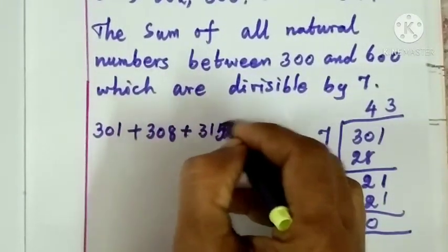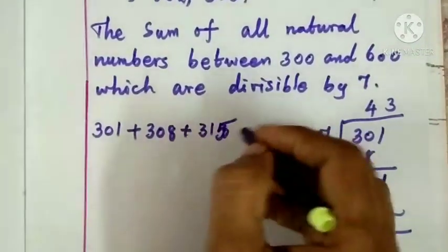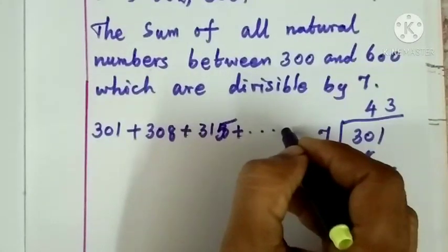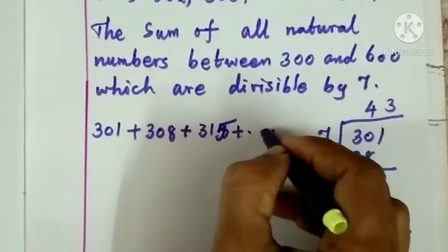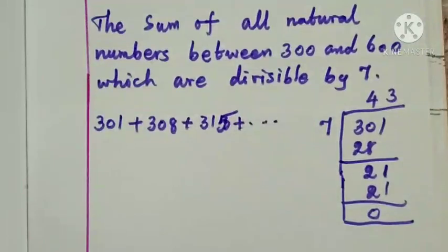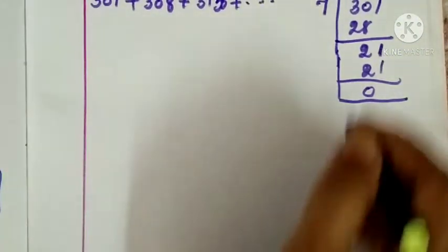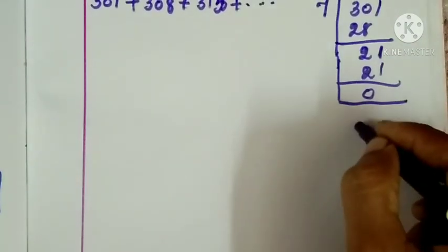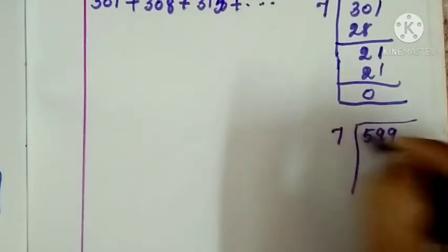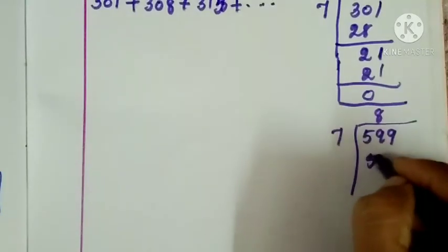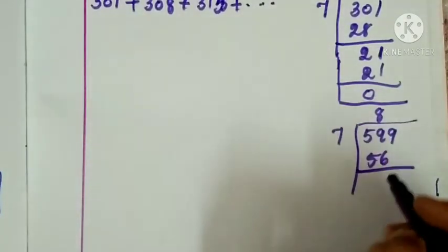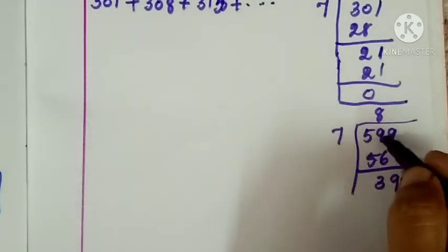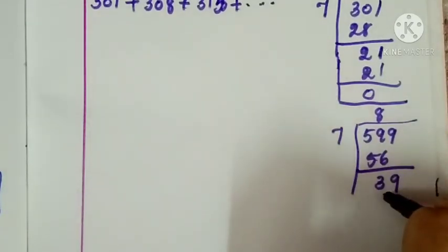315, and so on, going up to the last number. For finding the last number you have to divide 599 by 7. 8 sevens are 56, then 59 minus 56 we get 3.